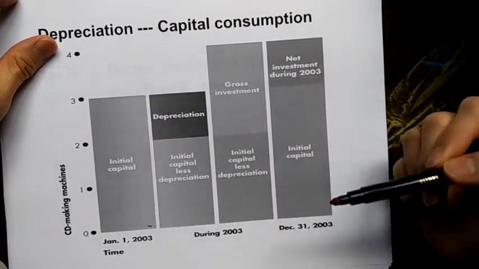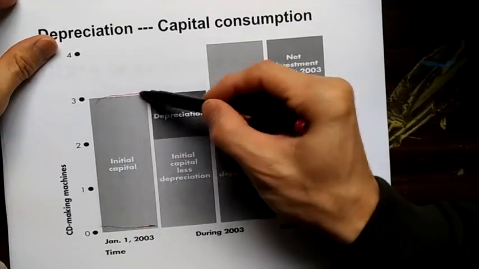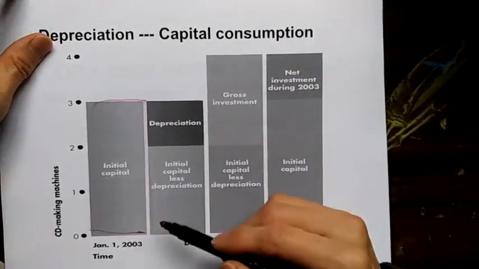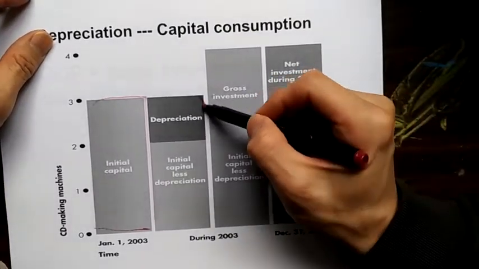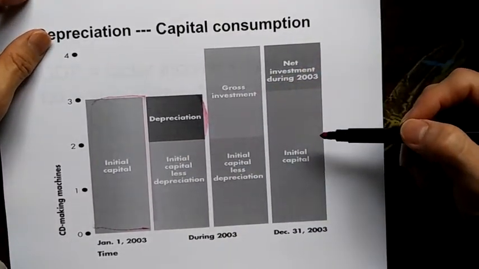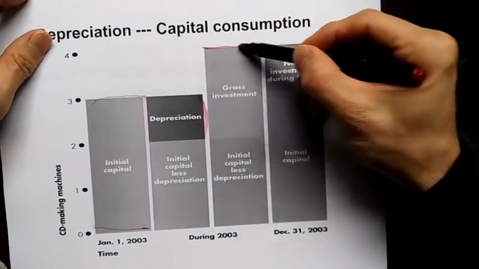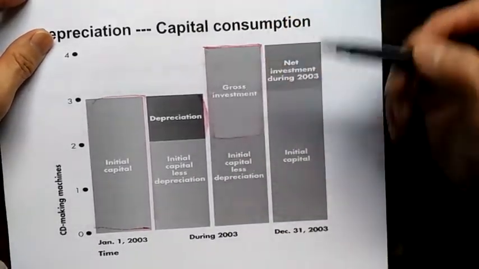Say, for example, from this chart, this is your initial capital. And your capital works, your machine works, your car works, and it depreciates. This is your gross investment.